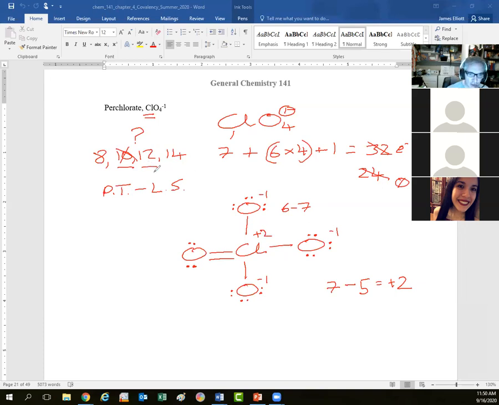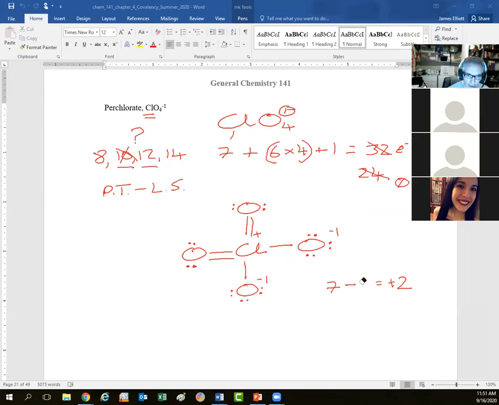Let's try 12. So we'll try taking another lone pair of electrons and turning it into a bonding pair, like this. That gets rid of the formal charge on the oxygen here because it now controls 6 electrons out of 8. 1, 2, 3, 4, and 1 from each bond, 5, 6.